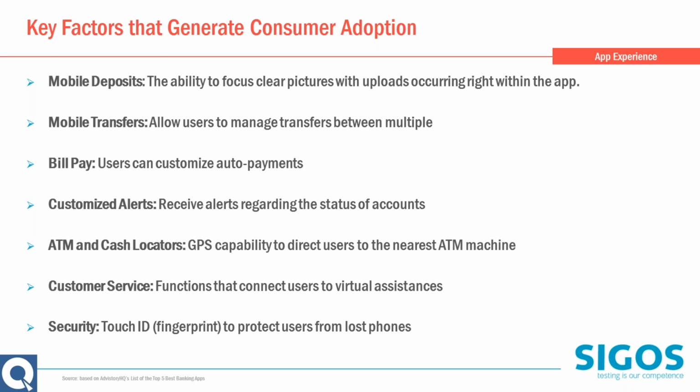And this includes being able to make mobile deposits, so taking a picture of a check and having it deposit automatically. Mobile transfers, moving money around from one person to the next, being able to pay bills online, customizing alerts so that you might get a status back based on balances that are in your accounts, being able to easily find ATM locations, customer services like we already mentioned, just being able to get virtual assistants.